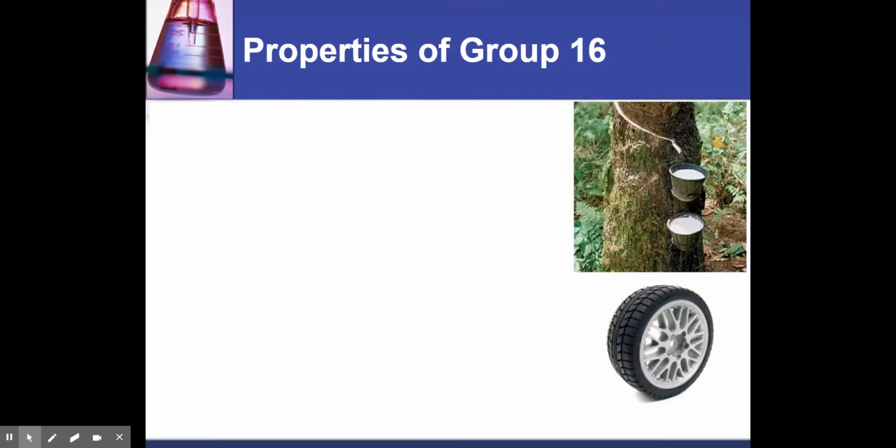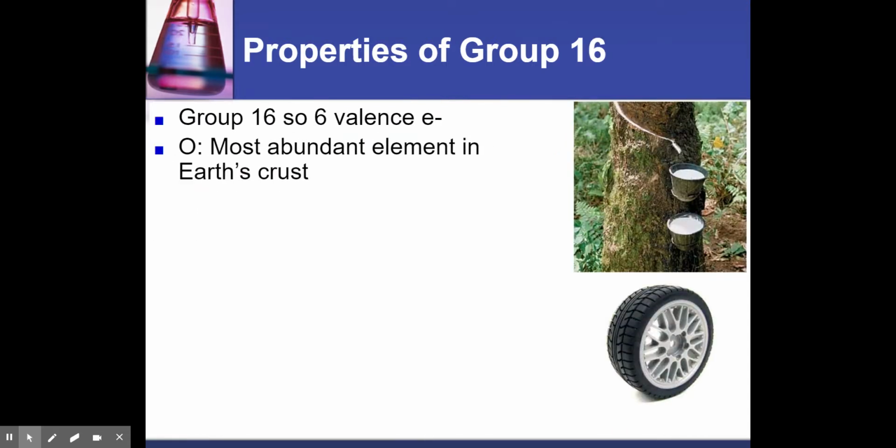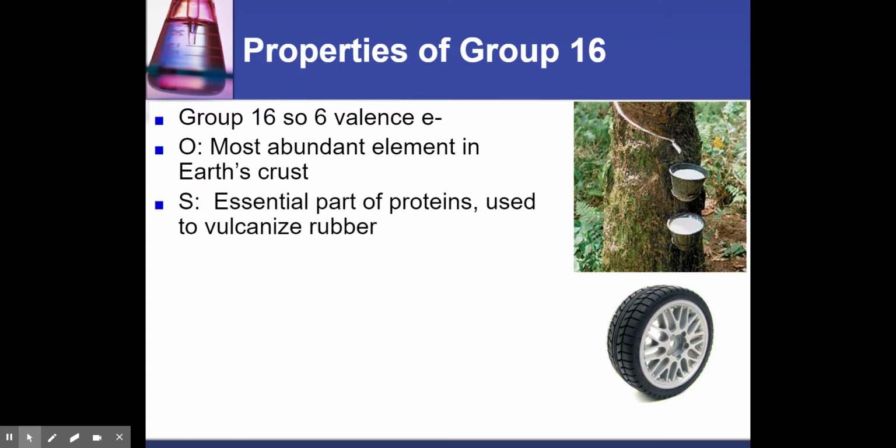Group 16, we have 6 valence electrons. Oxygen is at the top of the group. It's the most abundant element in Earth's crust. Sulfur comes next. It is an essential part of proteins, and it's used to vulcanize rubber. You can see in that top picture there, that white stuff coming out of the tree is actually sap from a rubber tree.